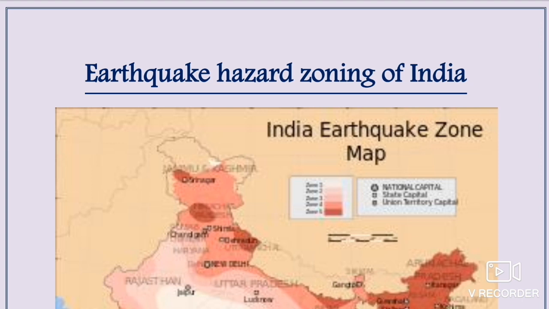Several earthquakes have occurred in the Indian subcontinent, especially the Assam earthquake, the Bihar earthquake, the Kutch earthquake in the Bhuj area, and the Koyna earthquake in Maharashtra. These are very devastating earthquakes which have occurred in the geological past in the Indian subcontinent.